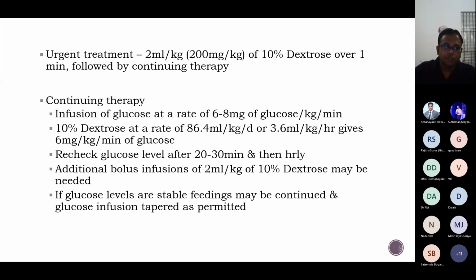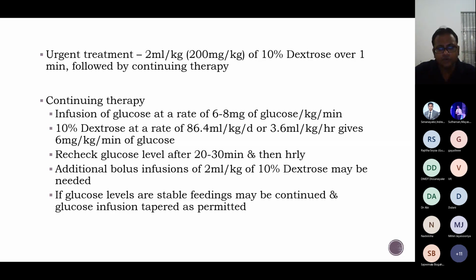And for continuation, we have to infuse the glucose at a rate of 6 to 8 milligram of glucose per kg per minute. And if you convert this, that is, if you give 10% dextrose at a rate of 86 ml per kg per day or 3.6 ml per kg per hour, it roughly equals this above rate, right?